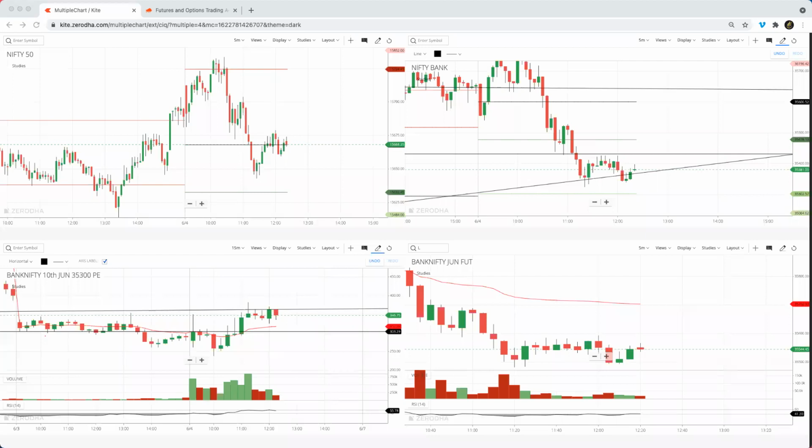What do you feel about it? How many of you feel Nifty could settle below 15,700 the coming week? Okay. Below 15,700. Okay.